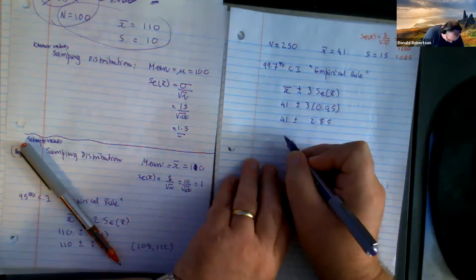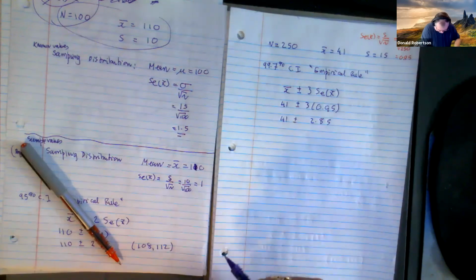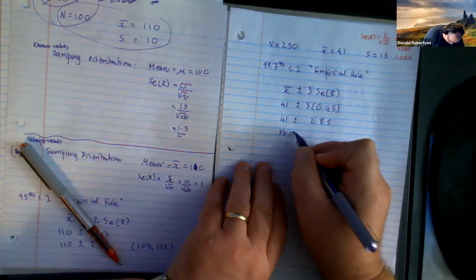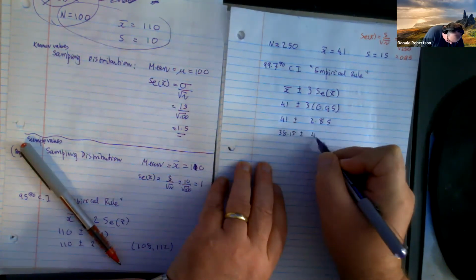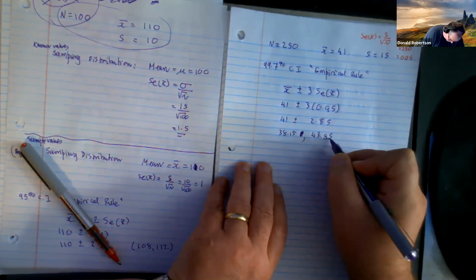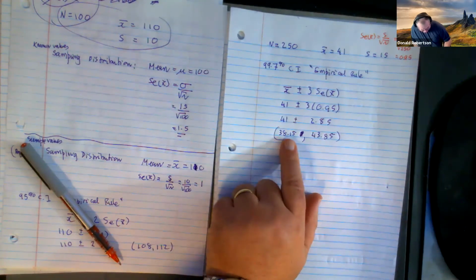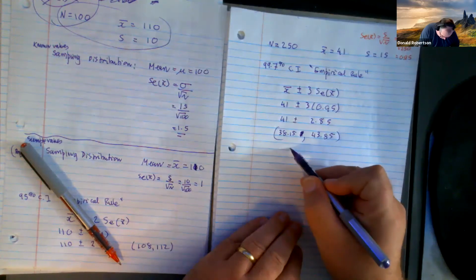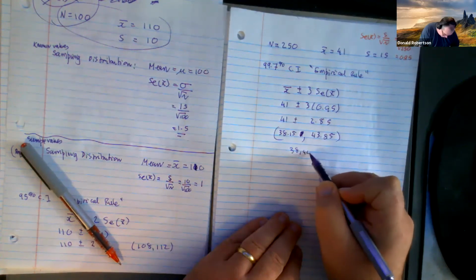So that's going to be, hard to do the subtraction, 1.85, I should be able to do that. 38.15 up to 43.85. So we are 99.7% sure that the average age of Scottish people is somewhere roughly between 38 and 44 if we round it off a little bit.